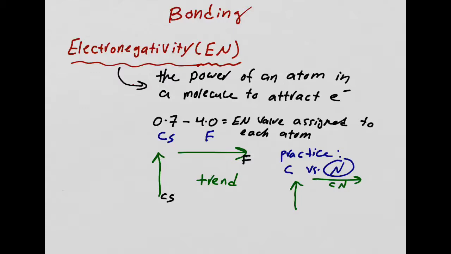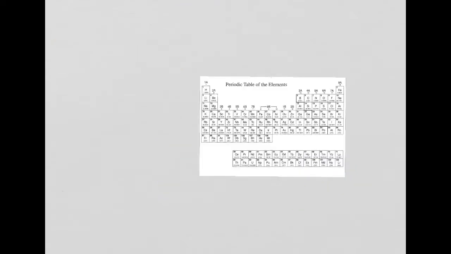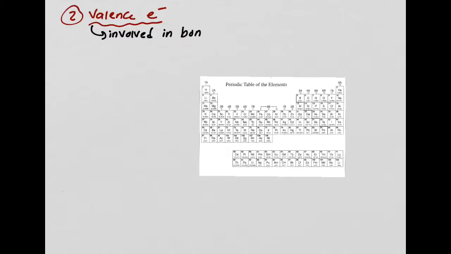Now, that's one thing you need to know, electronegativity. The next thing you need to know in order to do bonding is valence electrons. Valence electrons are involved in bonding. Not all the electrons are involved in bonding, only valence electrons.